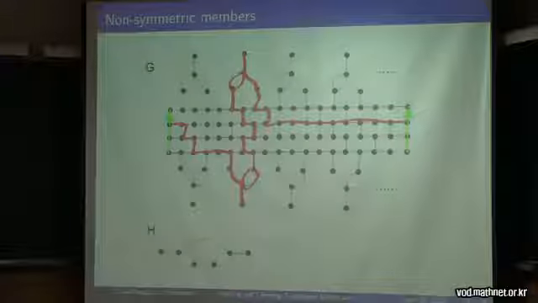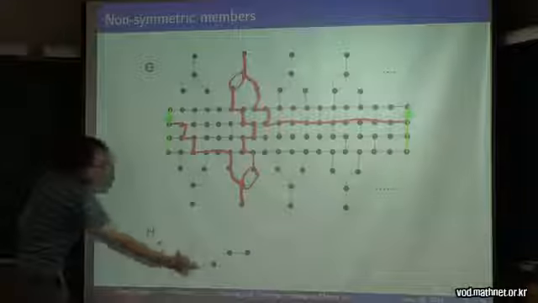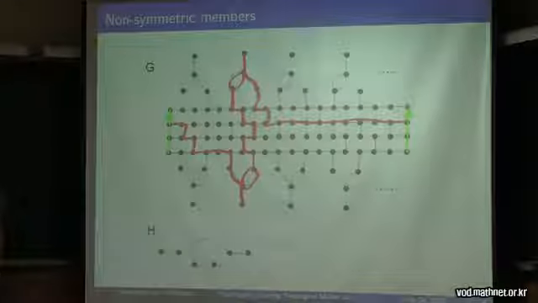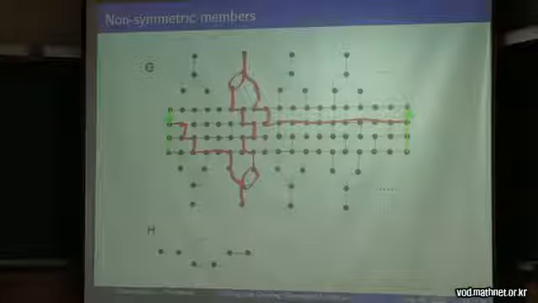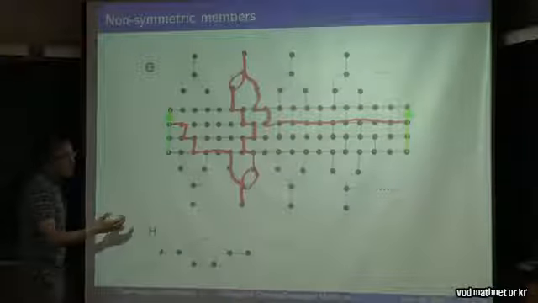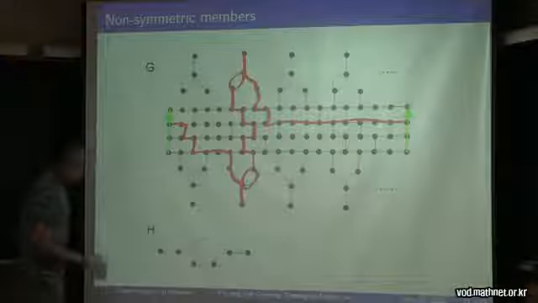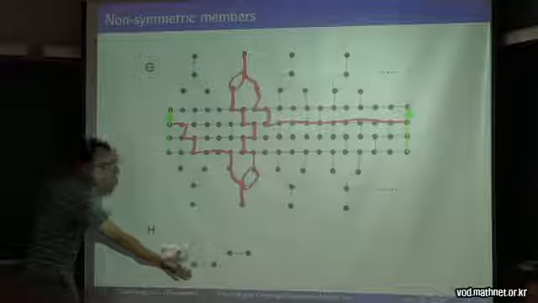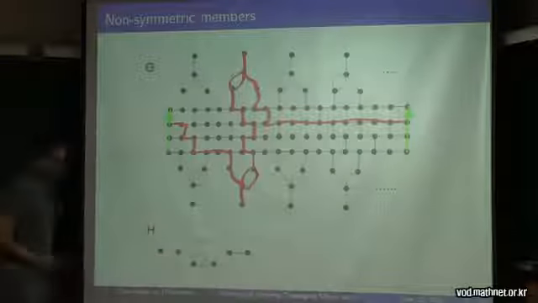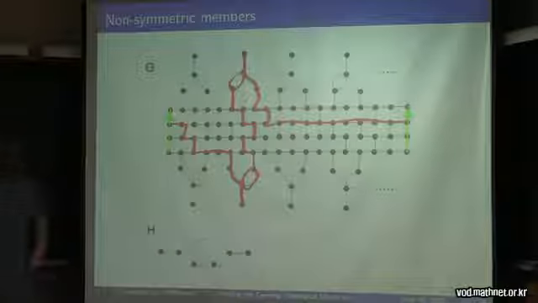So each member has two roots. So I can give an ordering of the roots. Say the top edge gives the first root, and the bottom edge gives the second root for the left-hand side member. Then, if I want to give the same ordering for the right-hand side member, I mean, fix the ordering of the roots, then this one contains the left member in the topological minor relation.